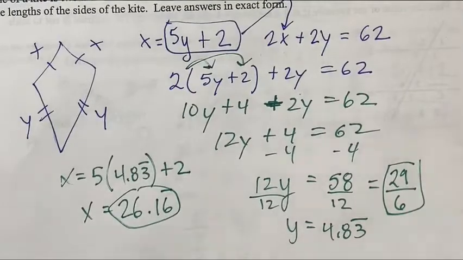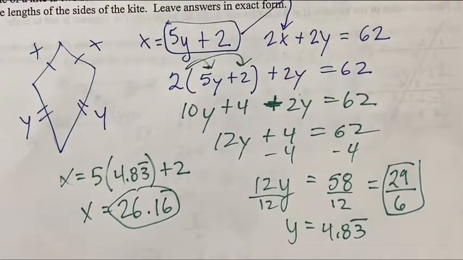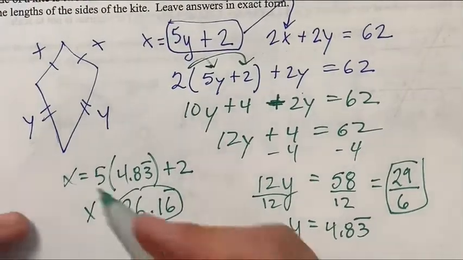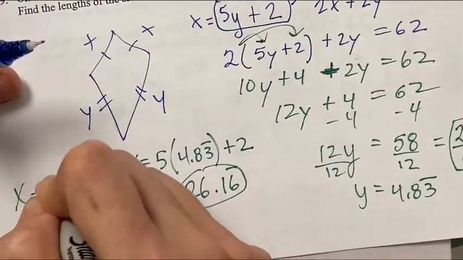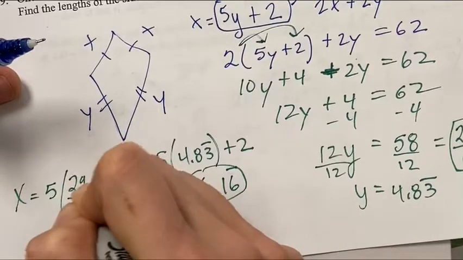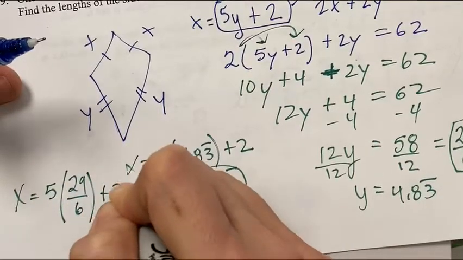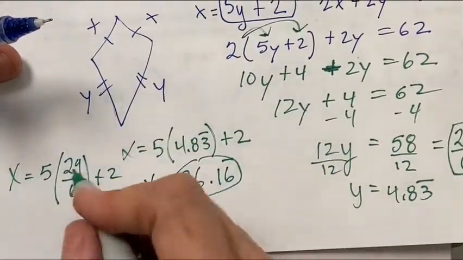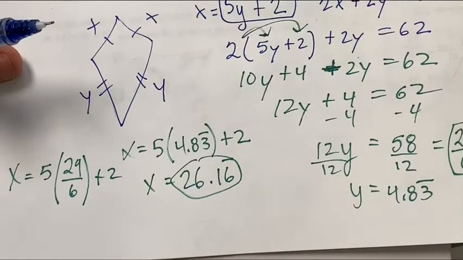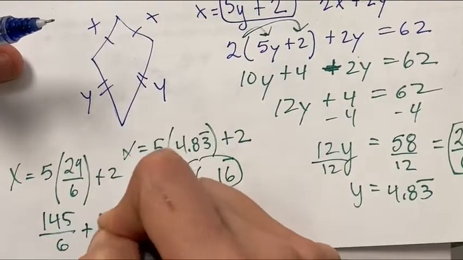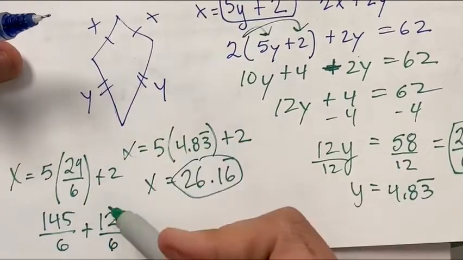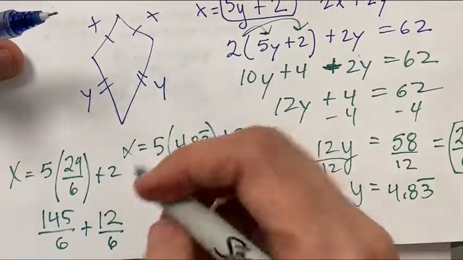So let's take a look. Okay, so I have x is equal to 5 times 29/6 plus another 2. So 5 times 29 is 145 all over 6, and then I'm going to put 12/6, because 12 divided by 6 is 2.